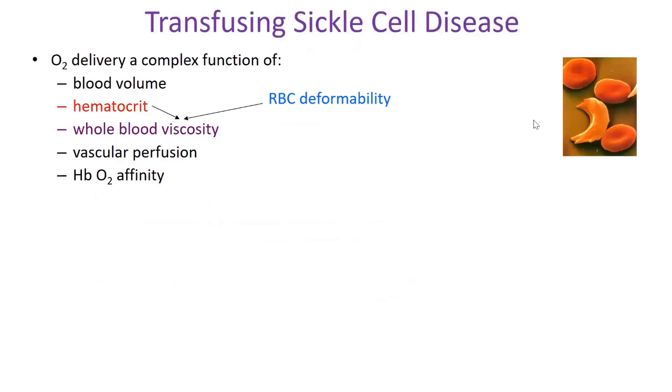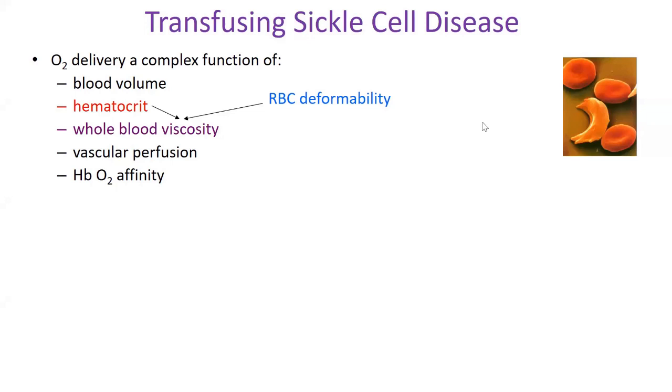So transfusing sickle cell disease takes into account quantitative and qualitative aspects of decision making. On the quantitative end, we're constantly wondering whether or not a top up can get you into a situation of greater harm than benefit.